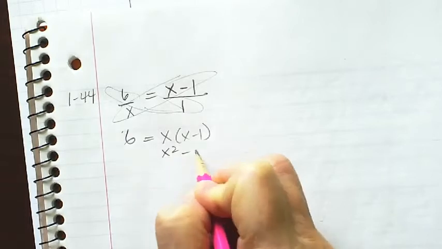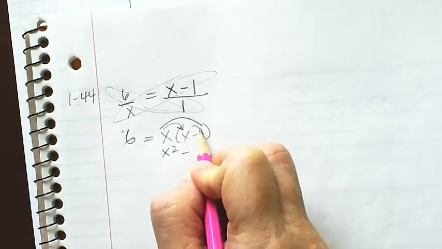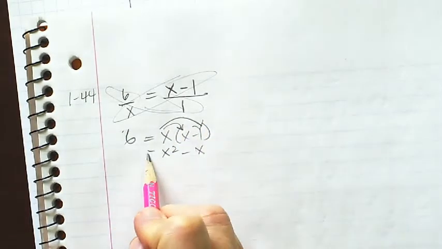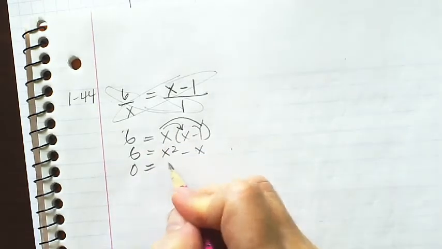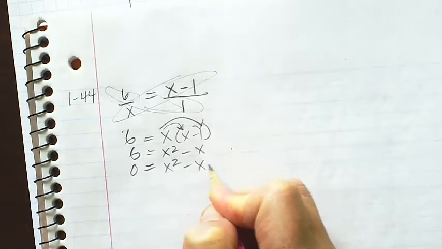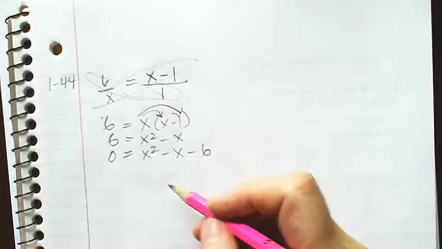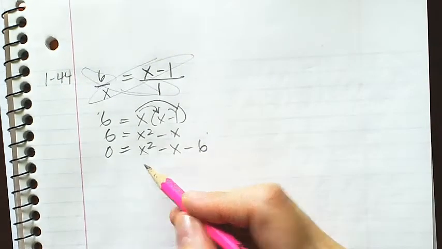So x squared minus x equals 6. Let's bring the 6 over here, giving us 0 equals x squared minus x minus 6. And let's factor this.